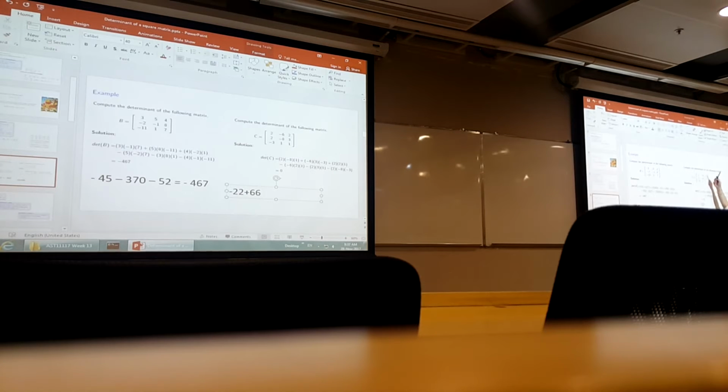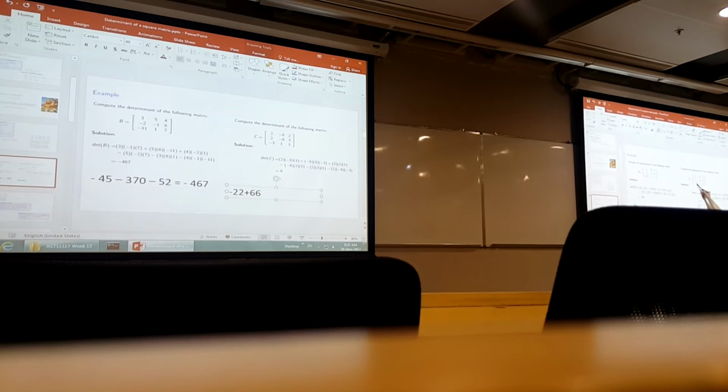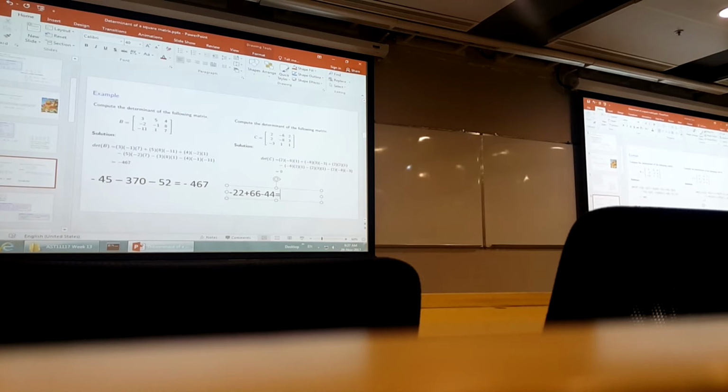And then this one, these four numbers, determinant is 2 minus 24. It means minus 22. Minus 22 times 2 is minus 44. Now you add together, it is 0.